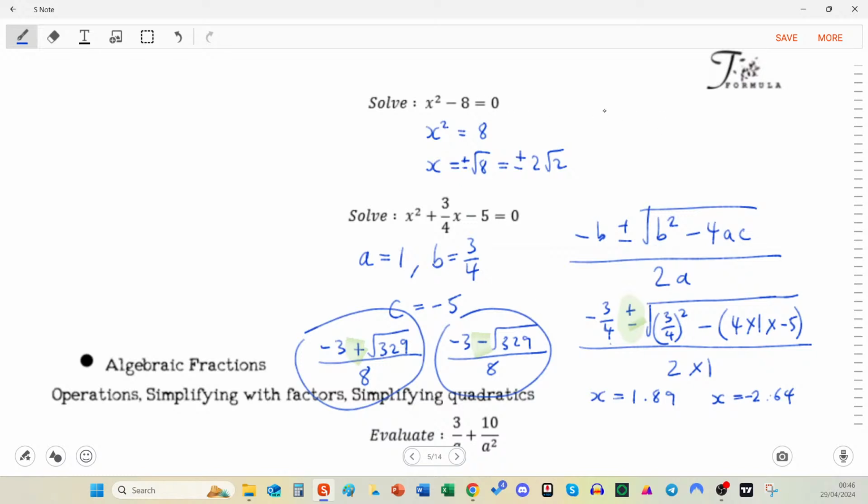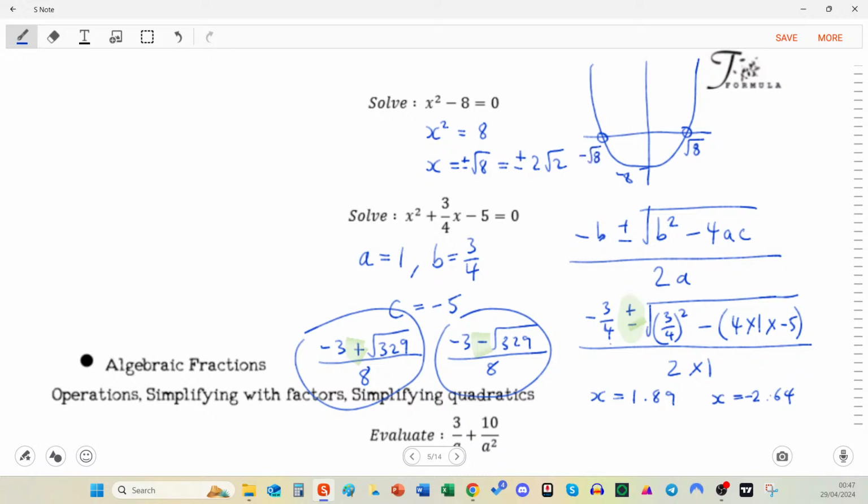Because if you draw this graph, okay, so this is x squared, looks like this, and minus 8 looks like this. Technically, the function has two solutions, right? So let's go for root 8 because it's easier to write: plus root 8 and negative root 8.